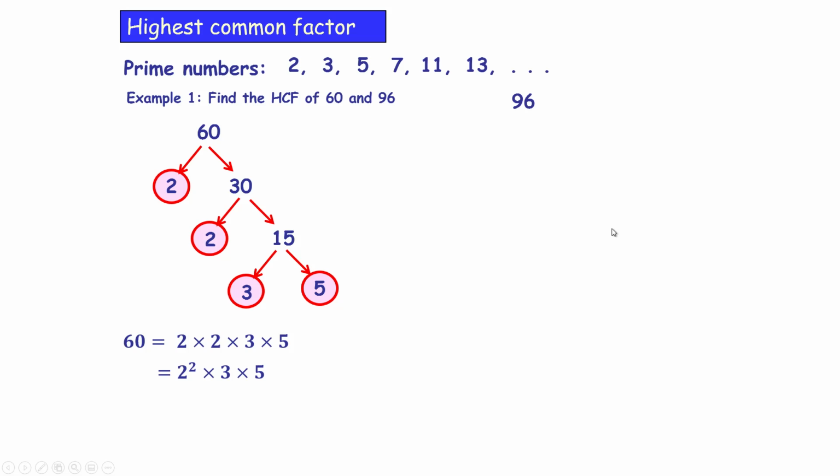Okay, and we do the same thing for 96. Check first if 2 goes into it. It does. It's an even number, so that's going to be 48 times. Circle the 2, and then we try again with 2 into 48, 24 times. Circle the 2 because it's prime. 2 does go into 24, 12 times.